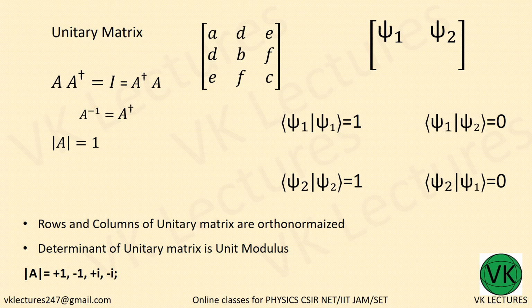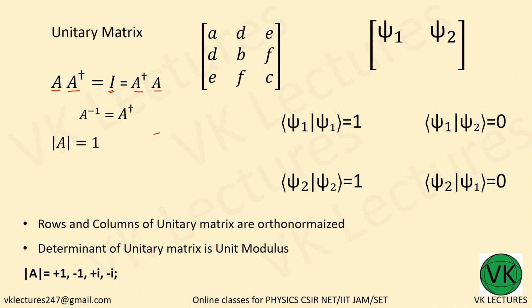Another class of matrix is the unitary matrix. It is similar to the orthogonal matrix. The peculiarity about the unitary matrix is this: consider A as a matrix, and A dagger is the Hermitian of the matrix A, and when you multiply A on A dagger, you get I. So this is equal to A dagger A, which means the order of the multiplication is not important.